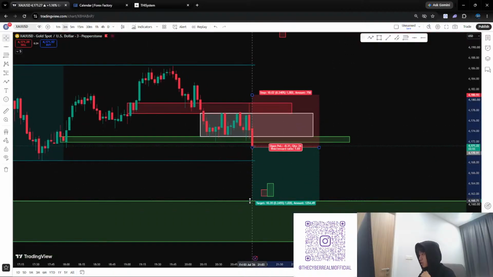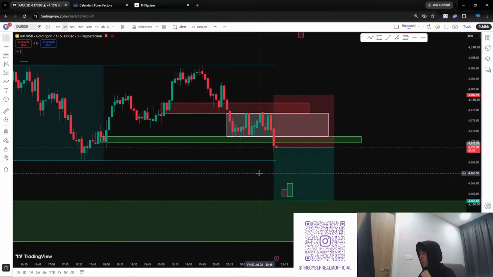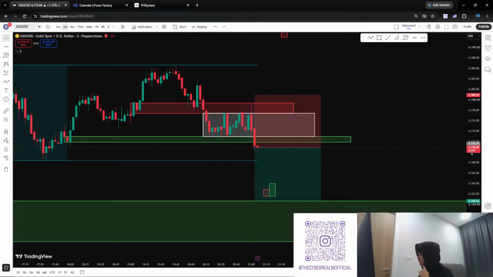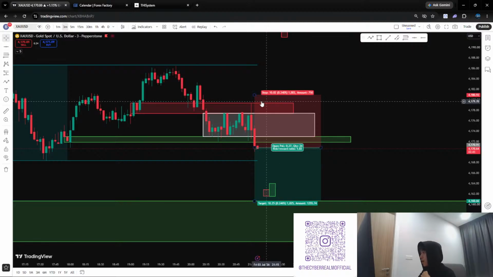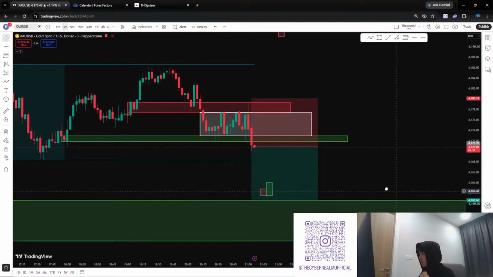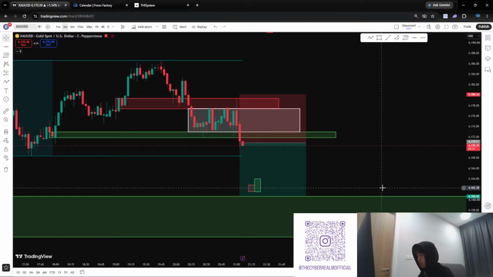Where you target the buy zone right here. So it's still a 1-to-1. This is the high risk. Sell at 4170, SL will be 4180, and then your TP will be at 4160.